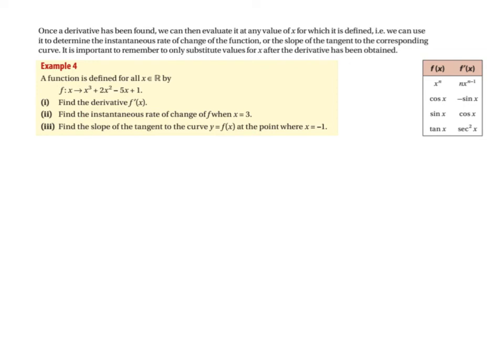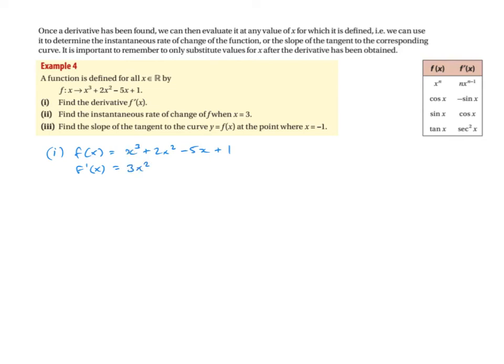So first of all, let's have a look. We're going to find the derivative of this. So f of x is equal to x cubed plus 2x squared minus 5x plus 1. I'm trying to work out f dash x. Remember, f dash x is also the derivative, and that's equal to, go through term by term, and we have this going to come down. Bring down the power, rewrite the x, take 1 off the power, so that's 3x squared.